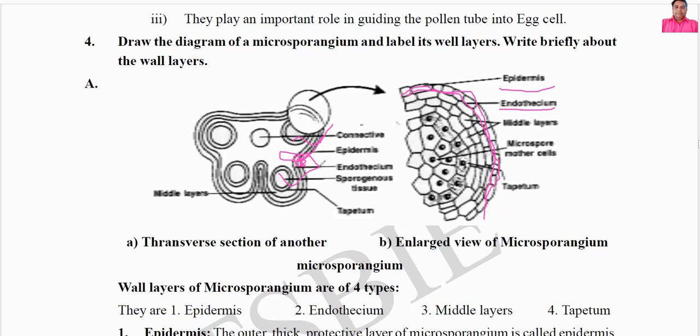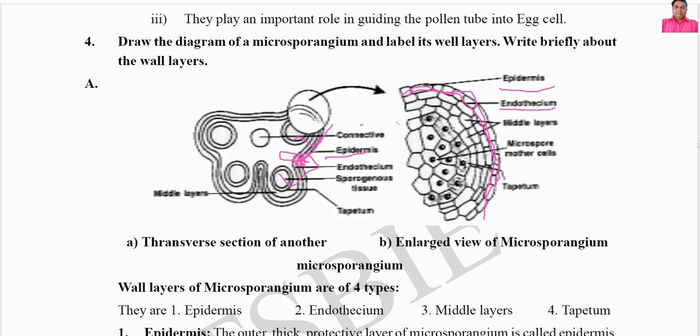It is called the stomium. The endothecium in this region mainly helps in releasing the pollen grains, breaking the wall at the stomium region for dispersal of the pollen grains.